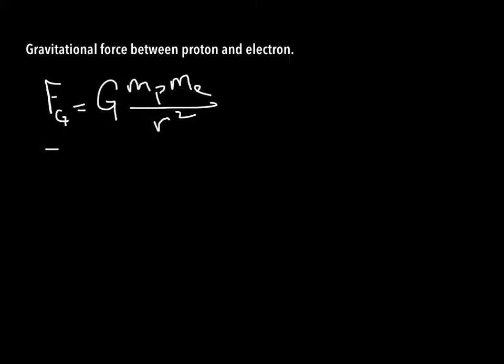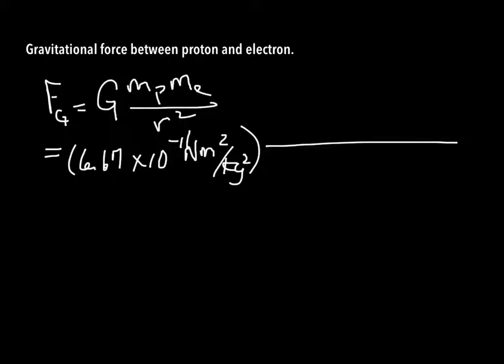Okay, so we fill in the values, and if you remember, G, again, we can go to our table of values and look this up, is 6.67 times 10 to the minus 11 Newton meters squared per kilogram squared. Multiply that by, well, we're going to start with the mass of the proton. The mass of a proton, again, given on our table of values, 1.67 times 10 to the minus, very small, 27 kilograms.